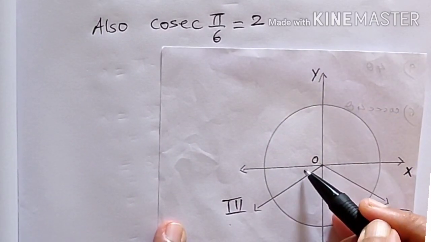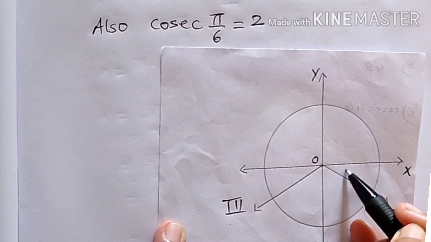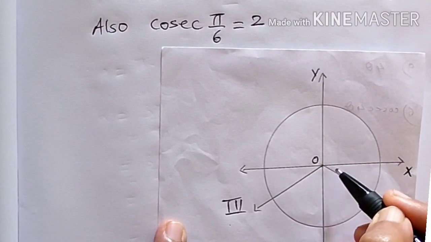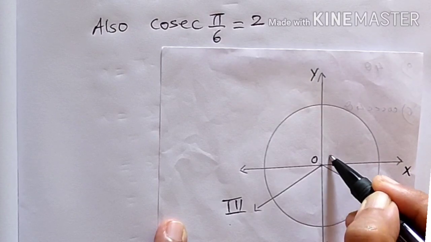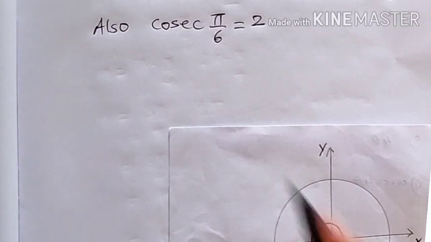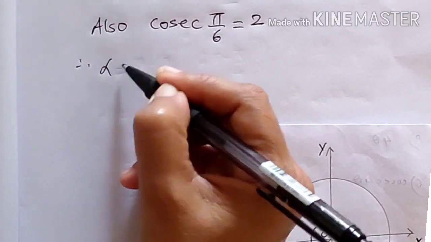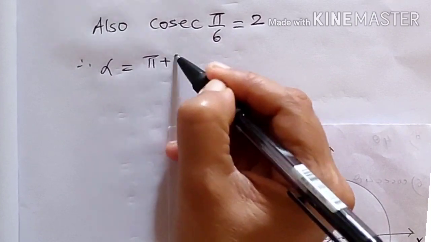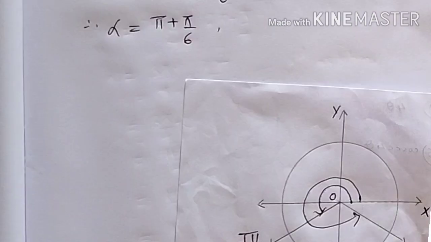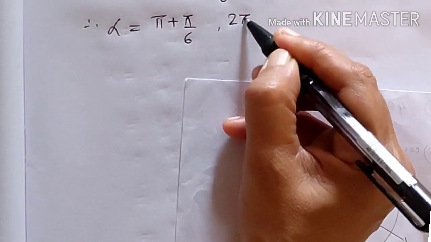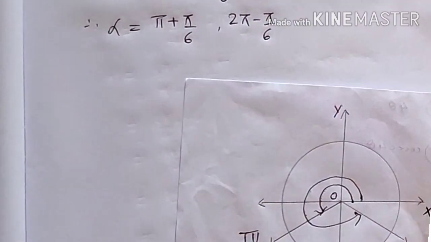It has to be pi by 6, right? So the first possibility for alpha is pi plus pi by 6. And the second possibility is 2 pi minus pi by 6.